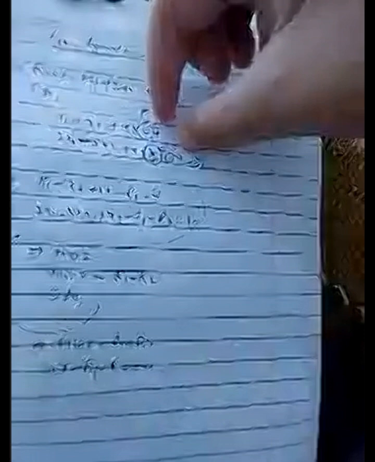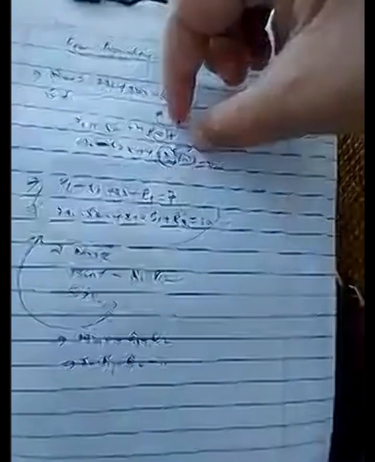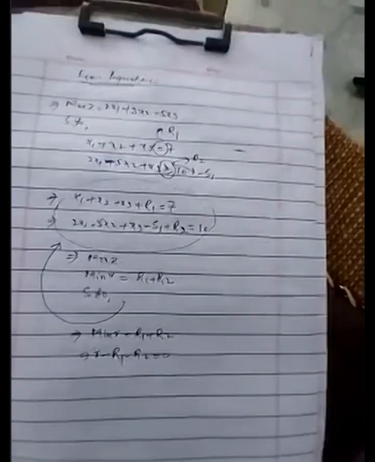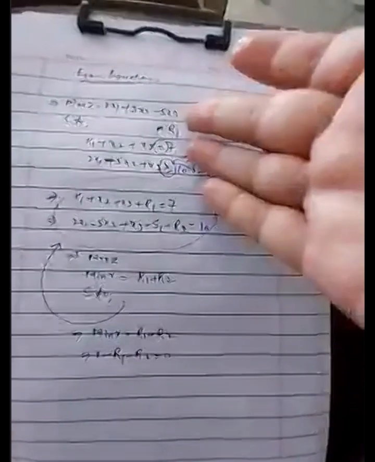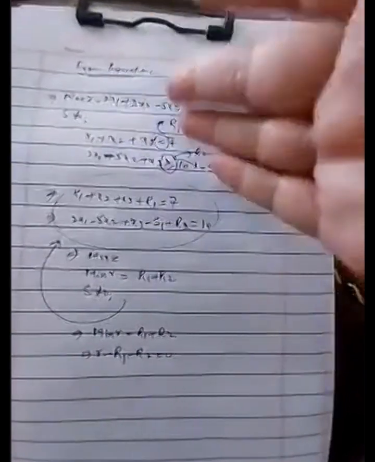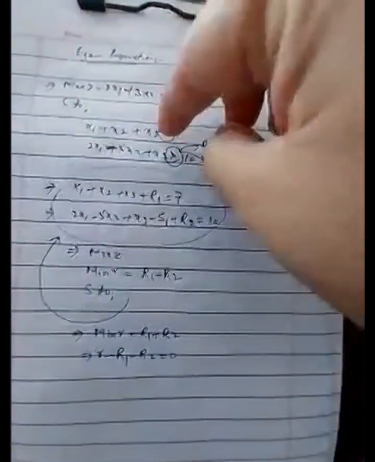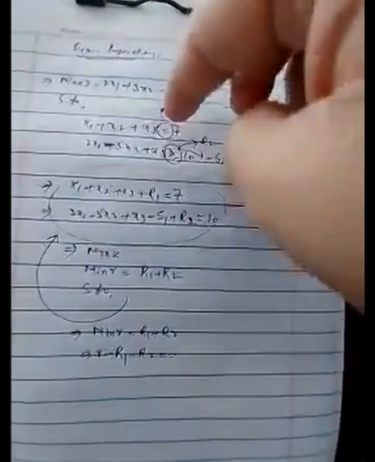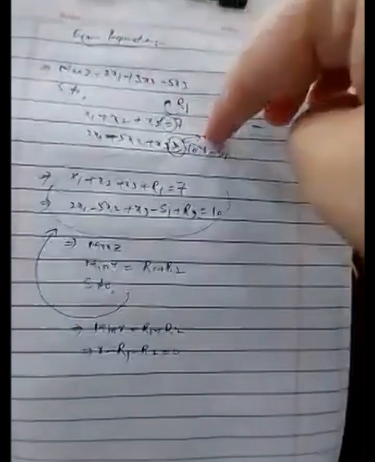Look, we have these artificial variables, and we want to eliminate those. These will actually balance the constraints that we have. The balance is brought by R1 and R2.